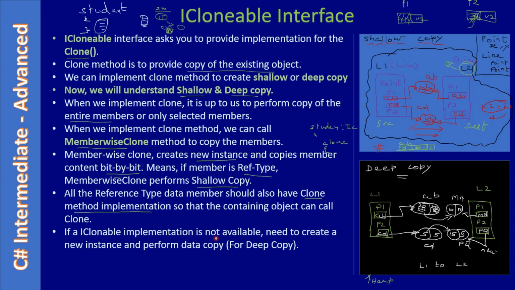If an ICloneable implementation is not available for the contained member, we need to create a new instance and perform a data copy. So if point 1, let's assume it already has the ICloneable implementation, then you can simply call p1.clone, then you can give it to p2, and similarly for the other instance you can do p2.clone, and you can give it to the destination p2.